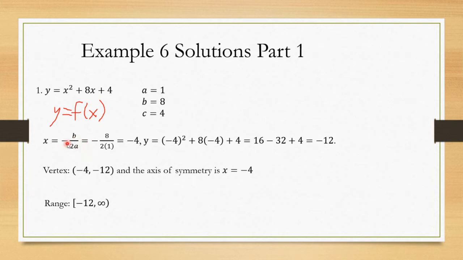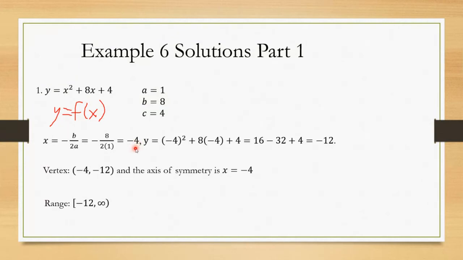All right, so here, to get the vertex, we first have to get negative b over 2 times a. So what do we get here? We get negative 8, b is 8, over 2 times 1, which is negative 4.